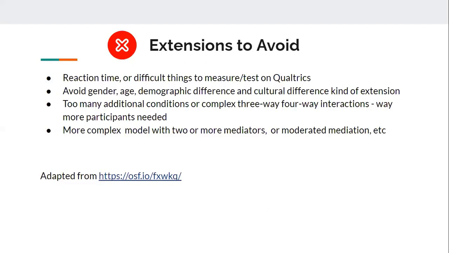So we aim for a direct, very close replication. We also want to avoid building more complex models with two or more mediators, or motivated mediation, or structural equation modeling, etc. I think this goes beyond what we expect in an undergraduate course. And this is not a direct replication anymore. You add too many things to the replication.